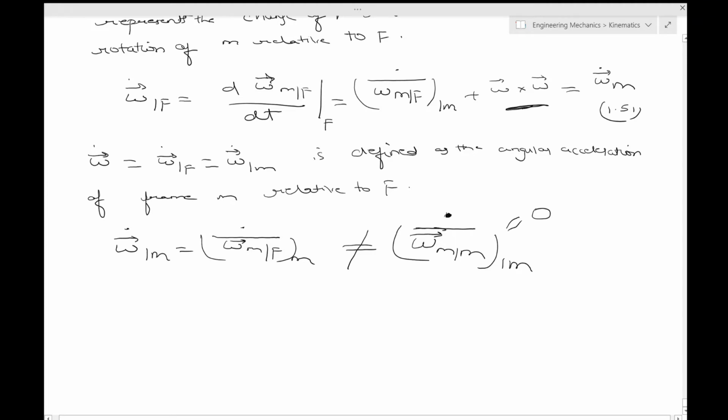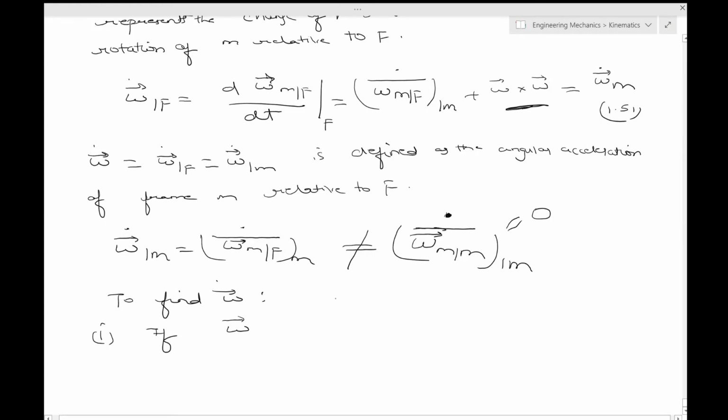Now to find omega dot, there are three possibilities. These are the things which will be useful when you try to solve problems of this course.